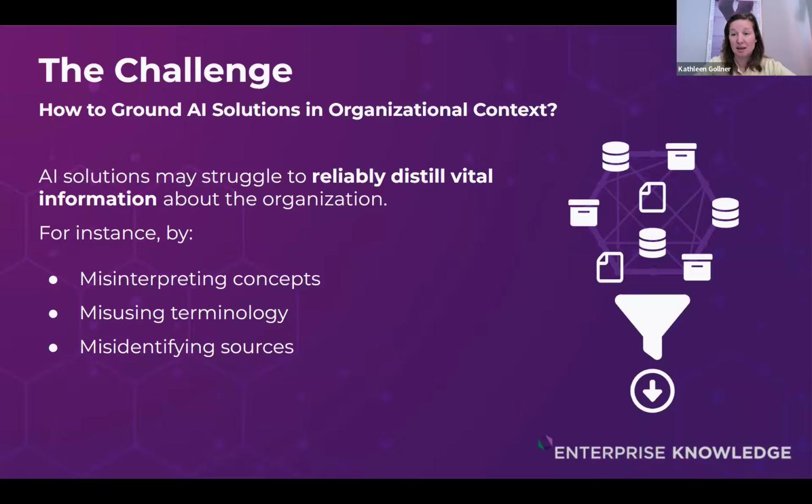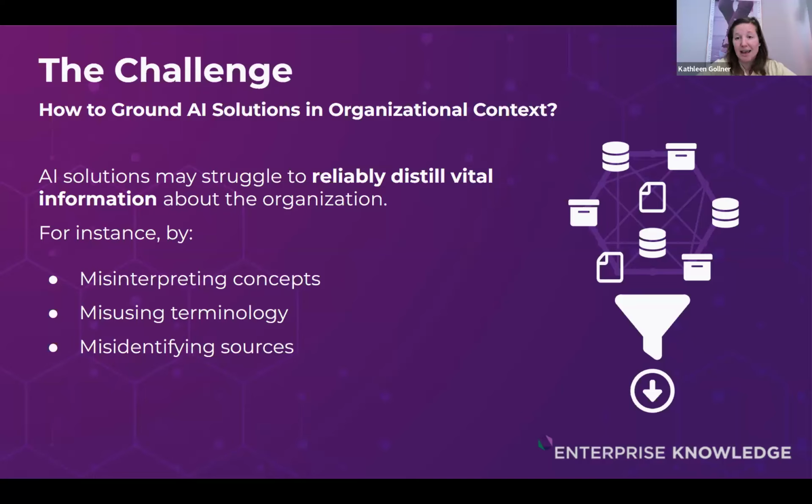This brings us to the question of when you would use a taxonomy versus an ontology to ground your AI solution. The core challenge is that AI solutions typically use AI models like LLMs that have been trained first and foremost on publicly available general knowledge, and then brought in-house and perhaps trained on, or just pointed at, the organization's internal corpus of knowledge assets.